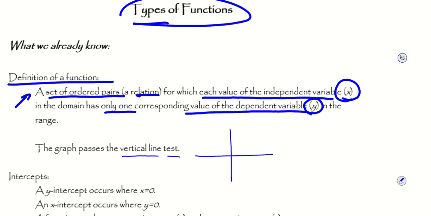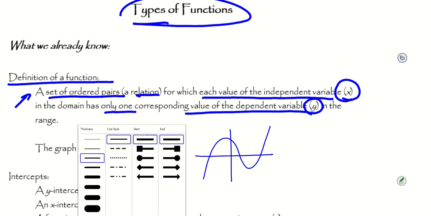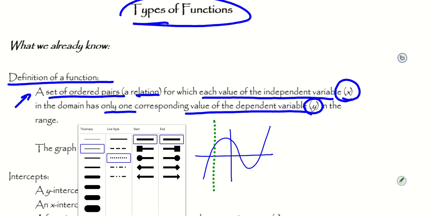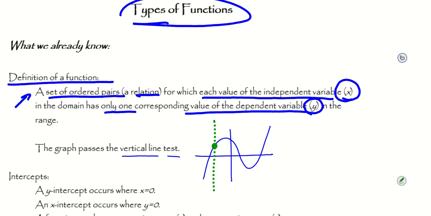So if I were to look at the graph of a relation, and draw any vertical line, if that vertical line would intersect my graph at one and only one point, which this line does, and that would be true for absolutely any vertical line, so no matter where I draw my vertical line, I only have one place where each vertical line intersects the graph, then for every x, there is one and only one y. The vertical line test corresponds to the graph of a function.